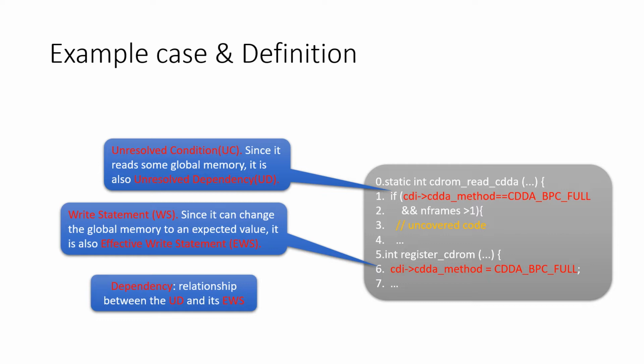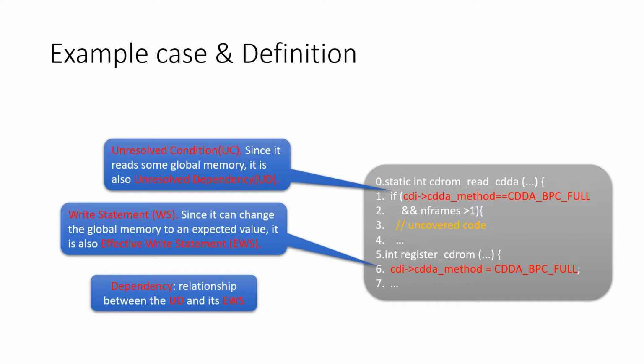The code at line 6 writes a value to the field cdda_method in cdi, so it is a write statement for the unresolved dependency at line 1, because it can change the global memory to an expected value. It is also the effective write statement for the unresolved dependency at line 1. And we define the dependency as the relationship between the unresolved dependency and its effective write statement.